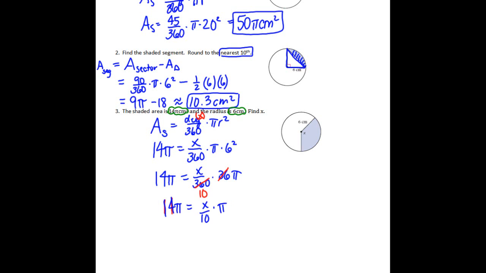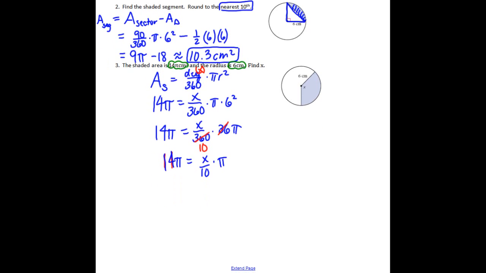And now I'd like to just divide both sides by pi, essentially. That's like multiplying this by 1 over pi and multiplying this by 1 over pi. And so then my pi's cancel. And I am left with 14 equals x over 10, and x equals 140 degrees.